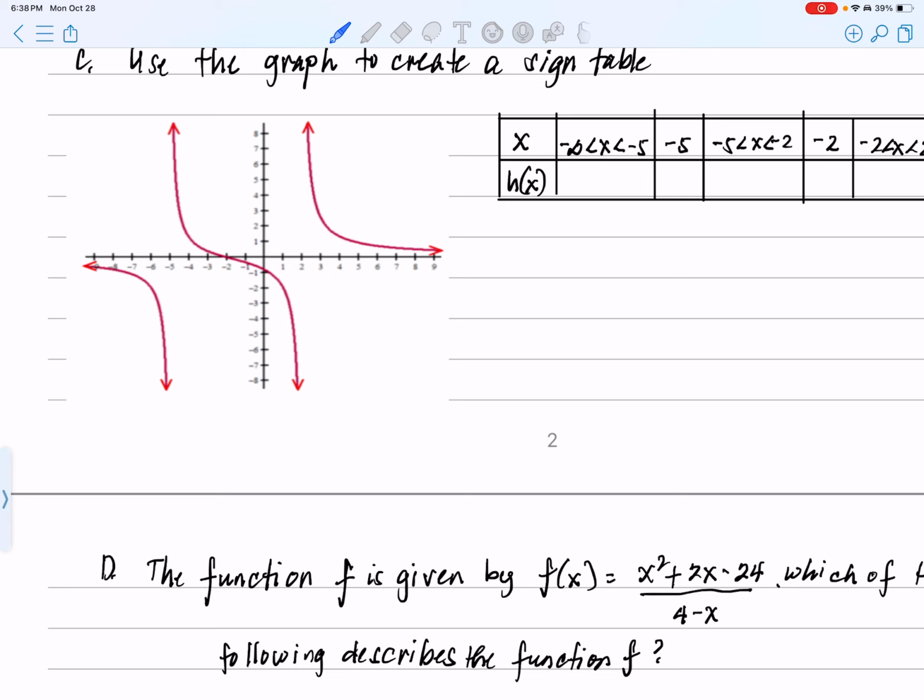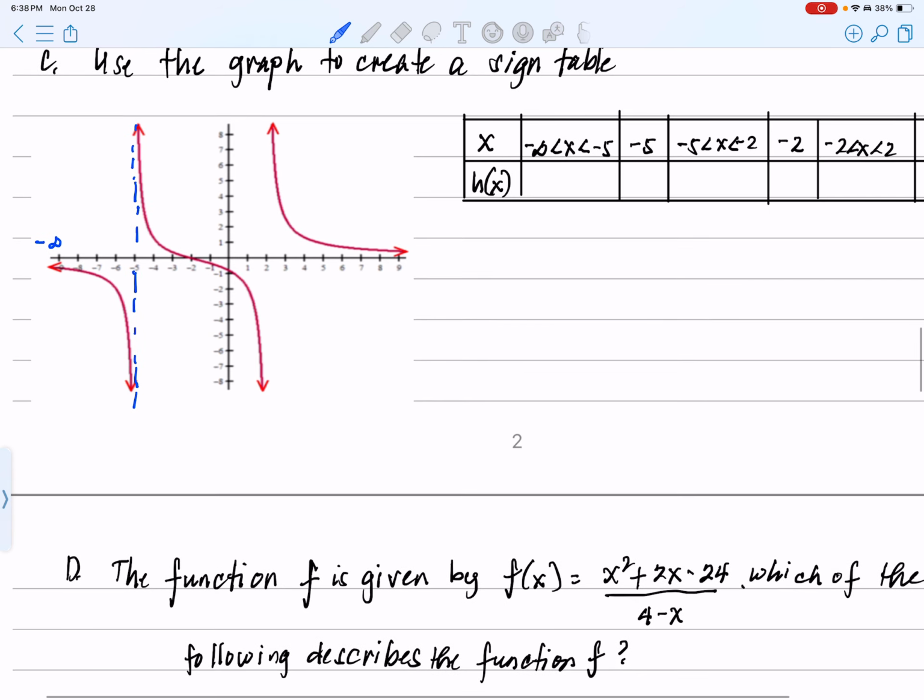Negative infinity to negative 5: negative 5 is right here, where the vertical asymptote is located.